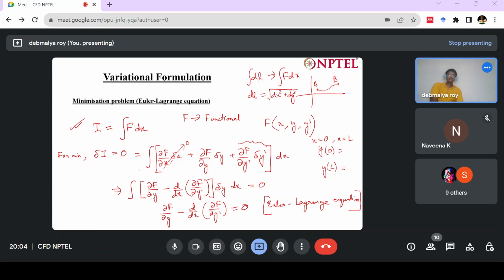Another place where the Euler-Lagrange equation is very commonly used, which you may have also encountered, is in the case of dynamics. In dynamics we have this Lagrangian, which is defined as kinetic energy minus potential energy.